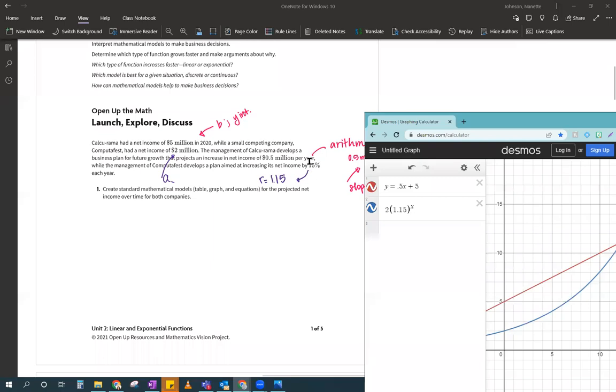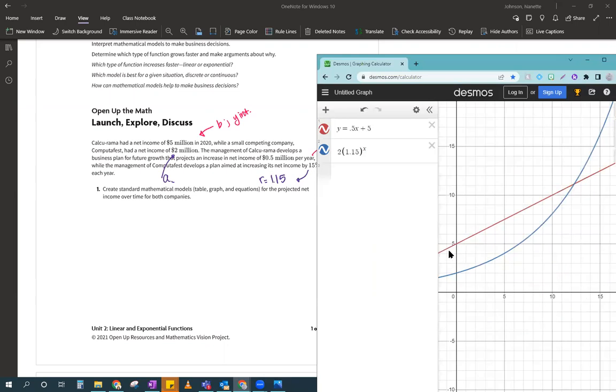Except if you take into account that you're adding something versus multiplying by something. And exactly, someone said this in the chat, the only reason why this one is earning more in the beginning is because, number one, they started out with more, 5 million versus 2 million. But eventually, because of multiplying, like taking something to a power, I'm going to tell you in the long run it is always going to be more.